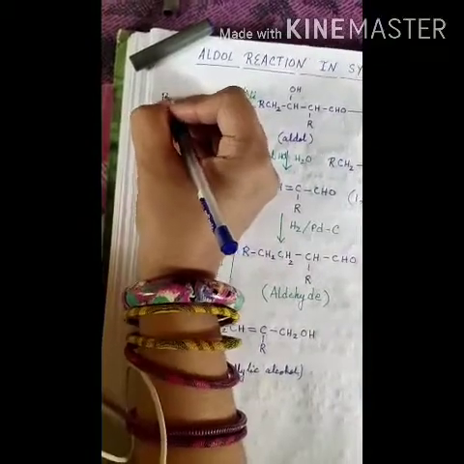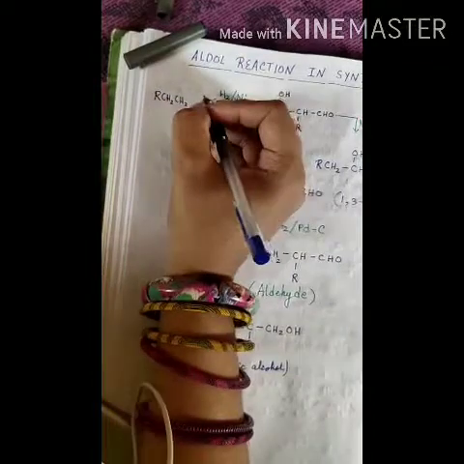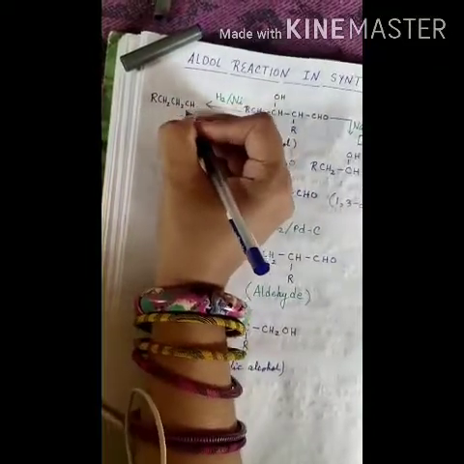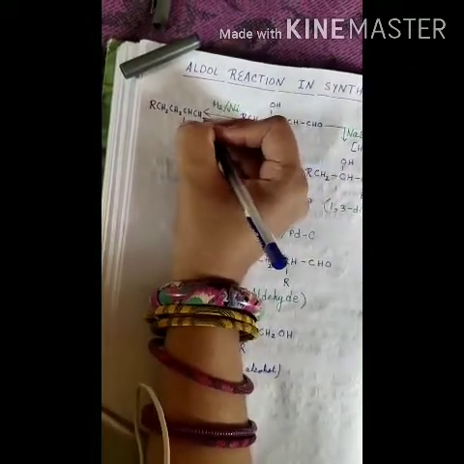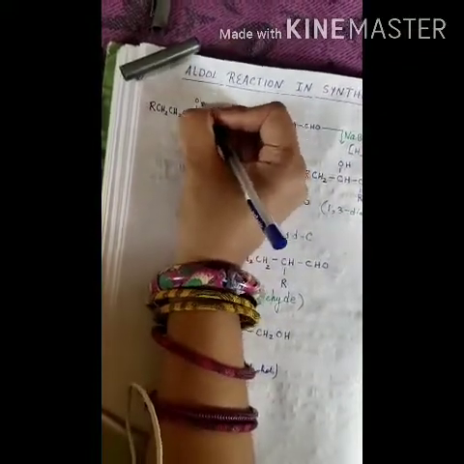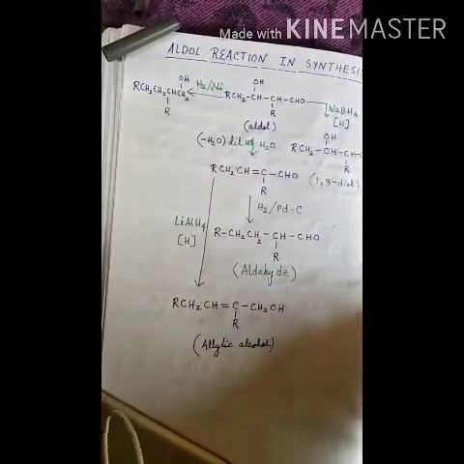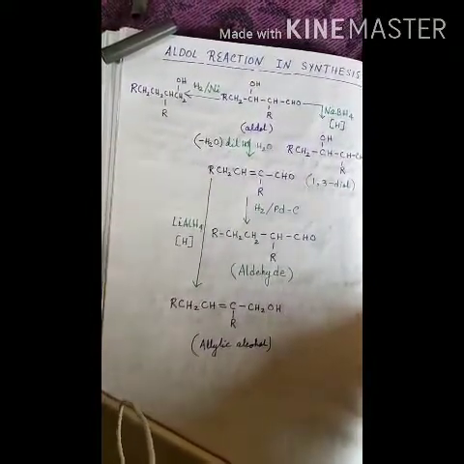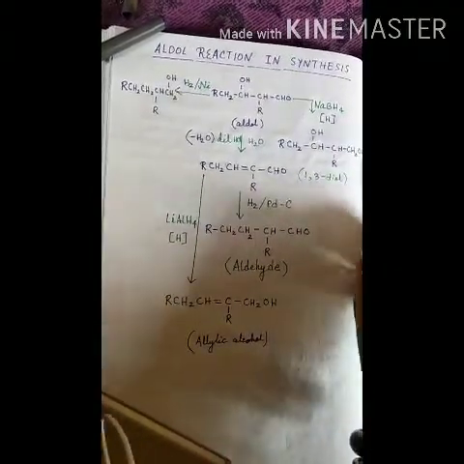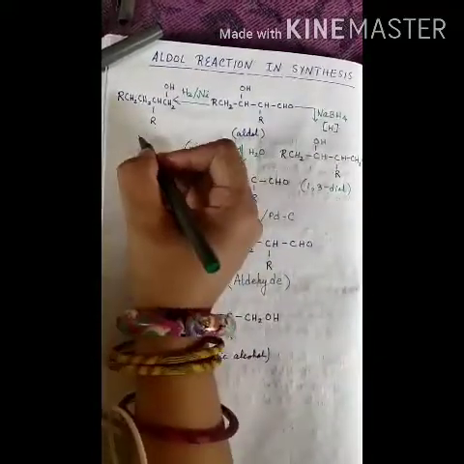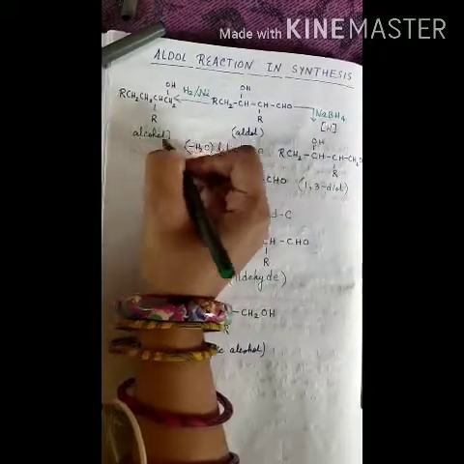We get R CH2 CH2 CHR CH2 OH. I repeat, if we use hydrogen over nickel, the reduction takes place in both the positions and we get R CH2 CH2 CHR CH2 OH. And what is it? It is an alcohol. That is also a saturated alcohol.